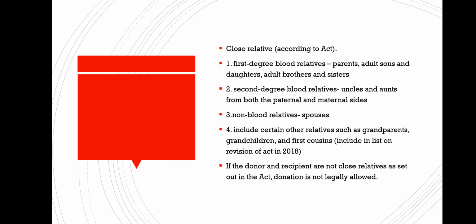It includes certain other relatives such as grandparents, grandchildren or first cousins, included in the revision of the Act in 2018. If the donor and recipient are not close relatives as set out in the act, donation is not legally allowed.